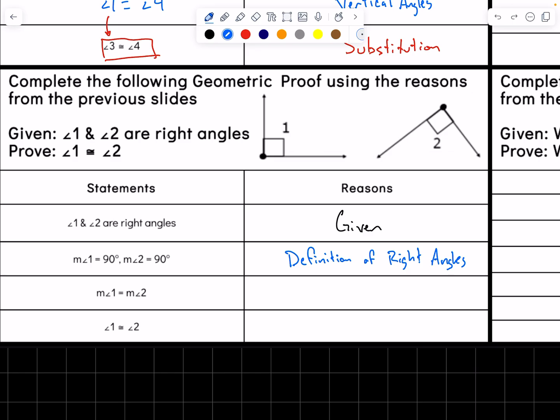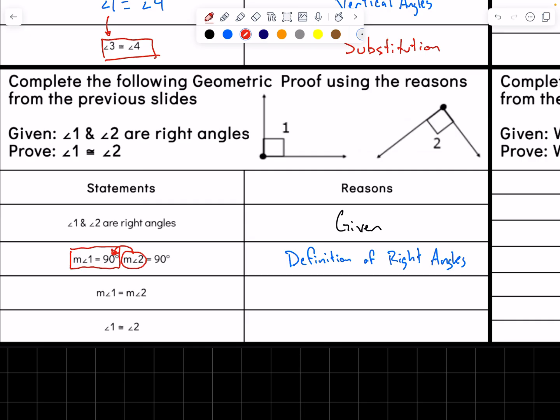Now, if I look at measure of angle 1 being 90 degrees, and measure of angle 2 is also 90, they're both 90, so I can substitute the measure of angle 2 in for this 90 because they both equal the same thing.